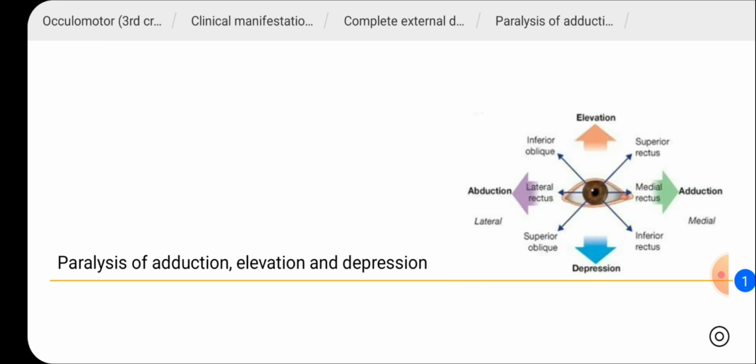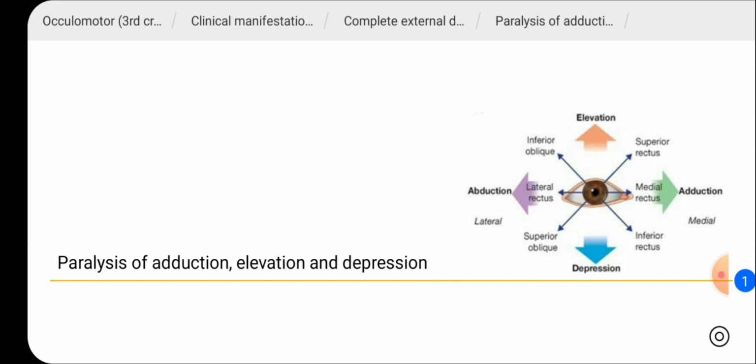As you can see in this image, the elevation is done by the inferior oblique and superior rectus with their movement, and both are involved when there is oculomotor nerve palsy. So, elevation is impaired.